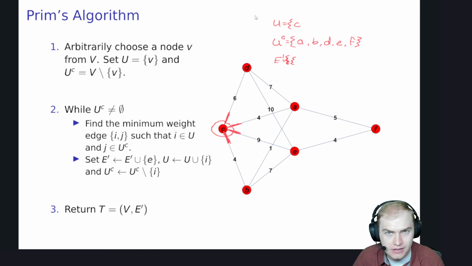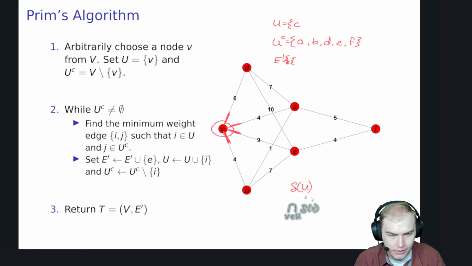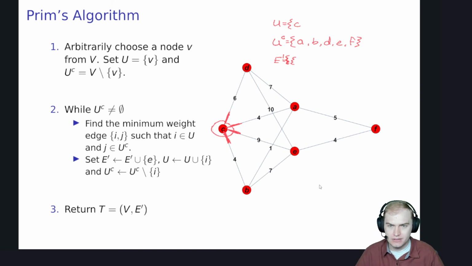So, if you like the notation in the book, pick an edge in delta U, which is the neighborhood of our set U.